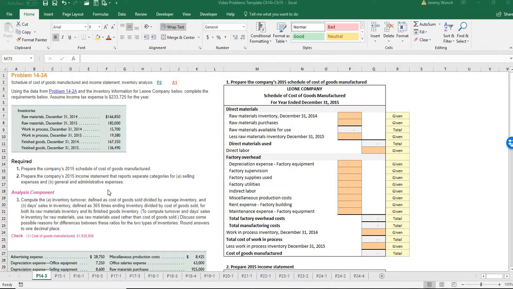We'll get into the schedule here and work through this problem. We're going to start off with problem 14-3, and this is the exact problem in your homework. The numbers might be more dynamic and might change, but the problem itself is going to be the same.